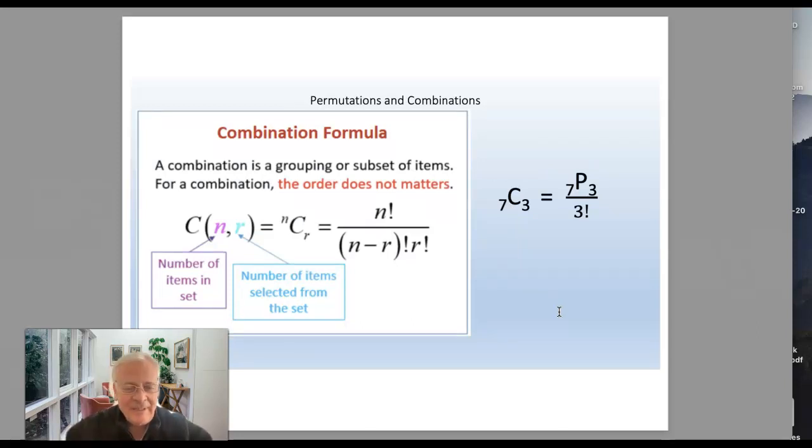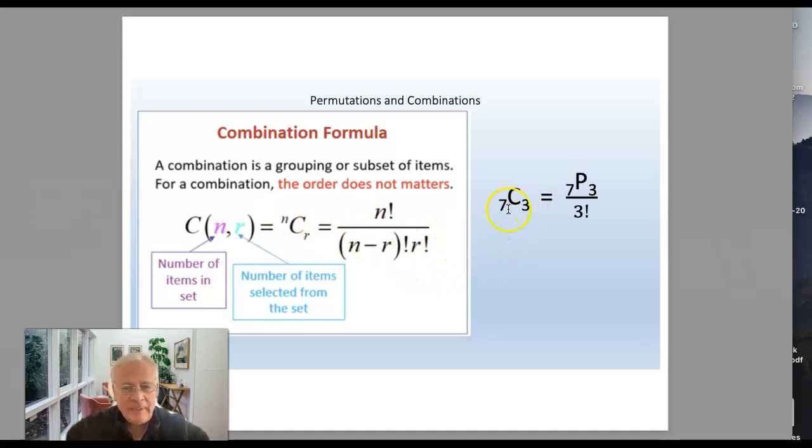Guys, this is the formula, and sometimes it is written in textbooks like this. C and then n comma r, like that. The number of items in the set and the number of items that we're selecting. And sometimes it's kind of written like this. I just want to show you this in case you're presented with that. But we're going to use where you write them both on the bottom. Again, this is the formula.